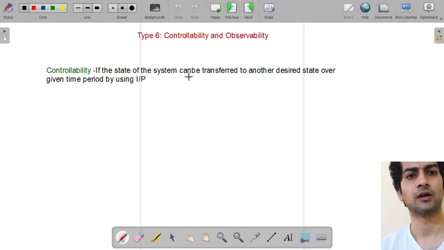Here the problem is that we have to form different matrices to find whether a system is controllable or not and observable or not. And in solving those matrices, a lot of time is wasted. So here I am going to give you short tricks, and about 99% of questions will be solved using those short tricks only. In the 1%, if the examiner wants you to calculate the matrices, that's a separate case.